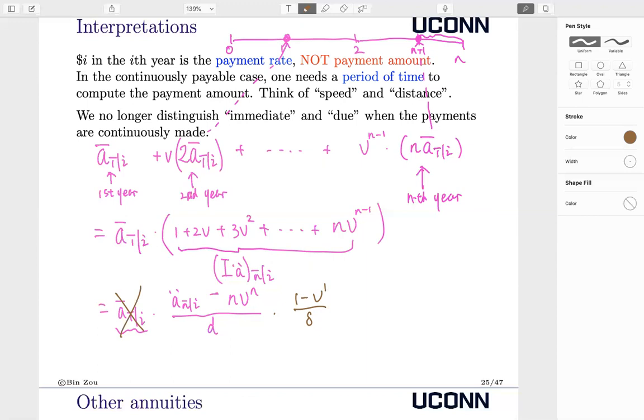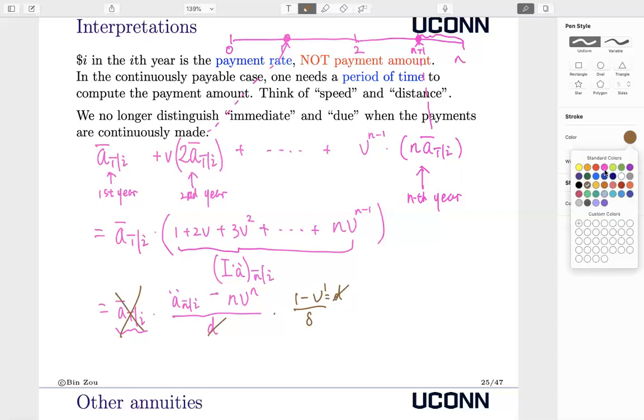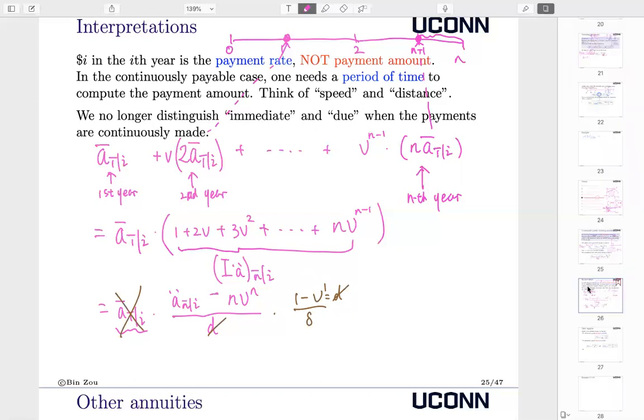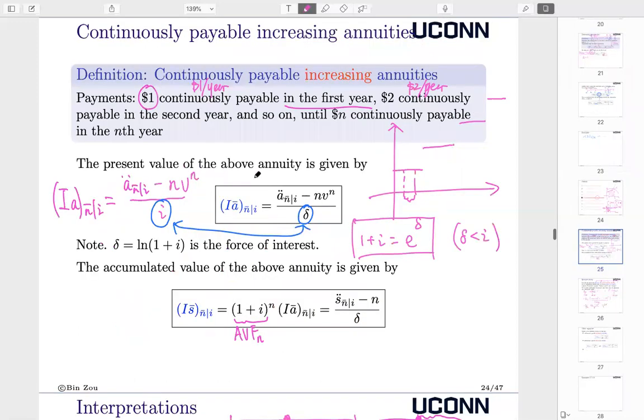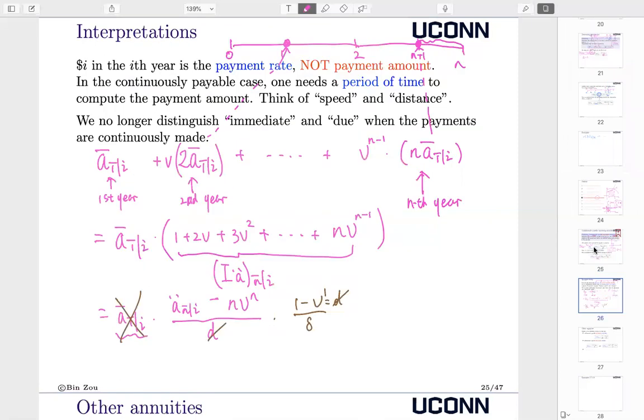So 1 minus v is exactly d, so this will cancel. So this goes back to the formula on the previous page. Here is exactly what I have done here. So I just derived this formula to help you understand. But of course, in order to derive this result, I did use something from the previous result.